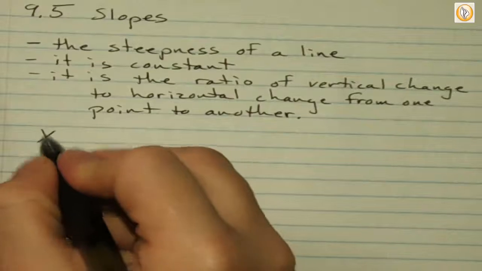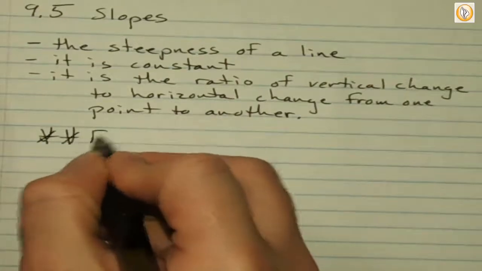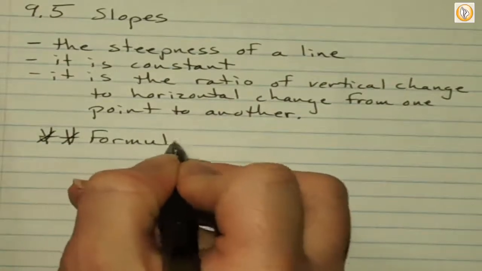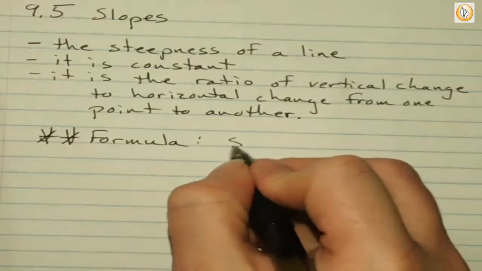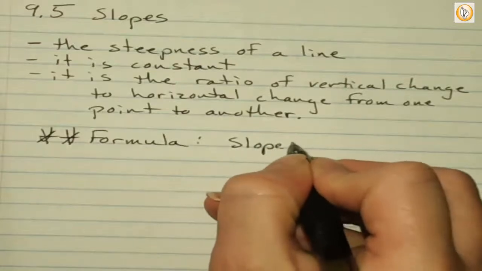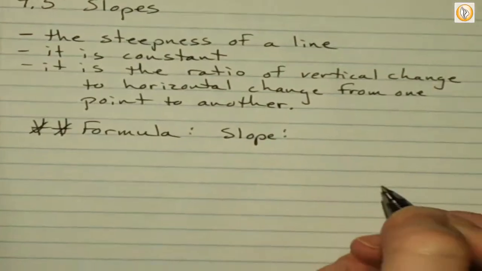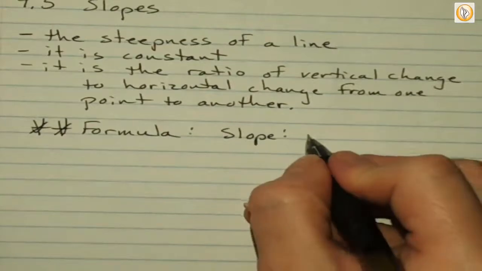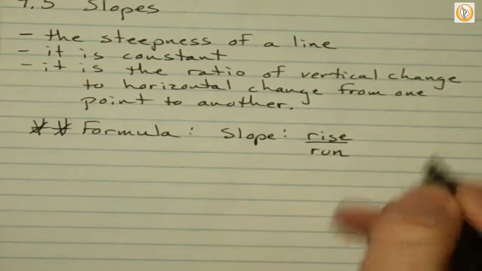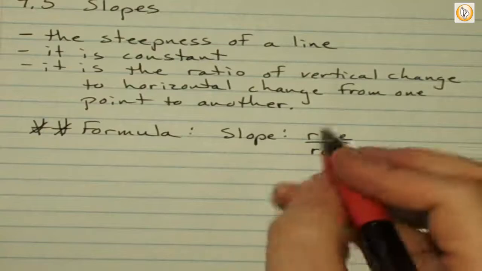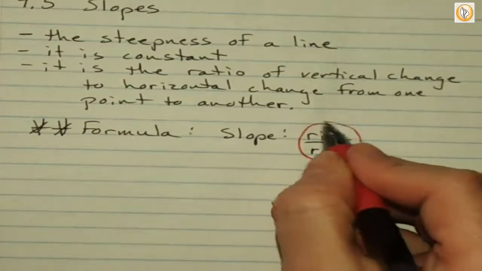So the formula for this, oh yeah, 2 stars. Rise over run. You need to memorize this.